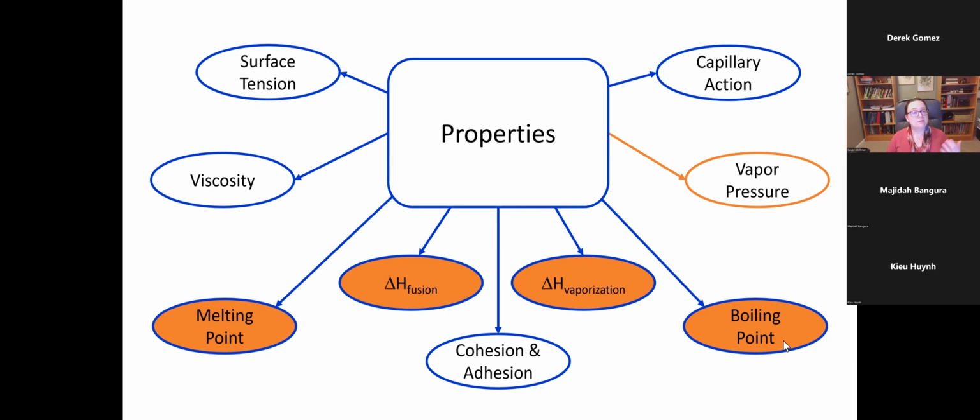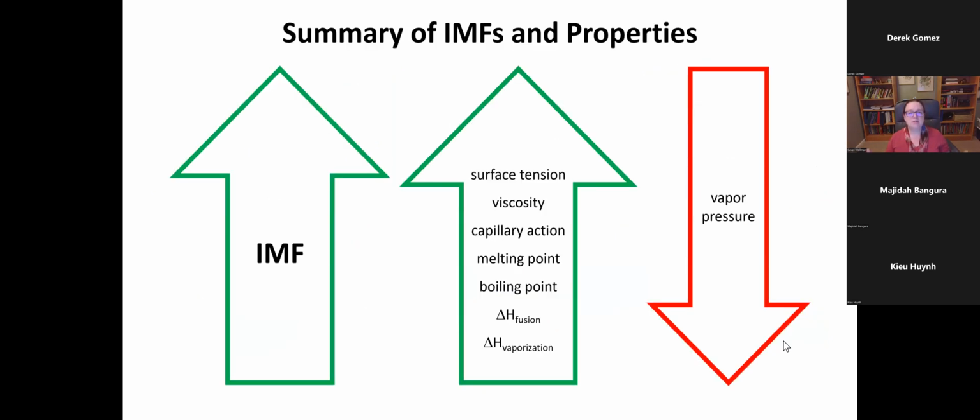Remember, all of the ones that are circled in blue get larger when the intermolecular forces get larger. Vapor pressure is the only one that's backwards there. So for the visual among us, sometimes the big arrows are just helpful.